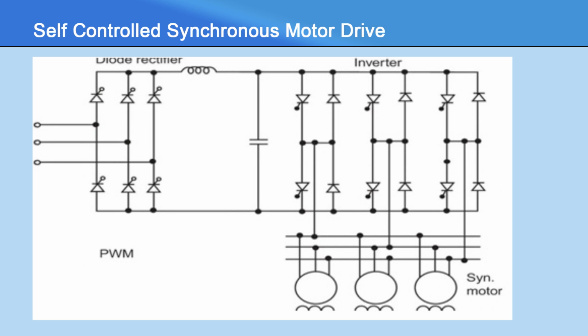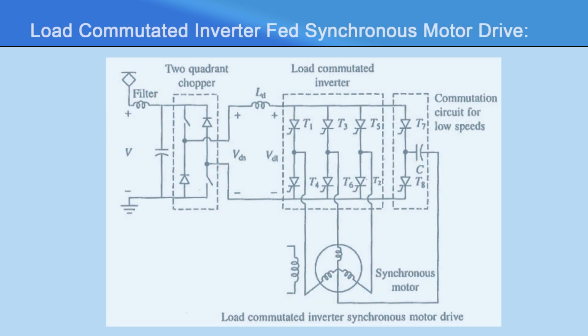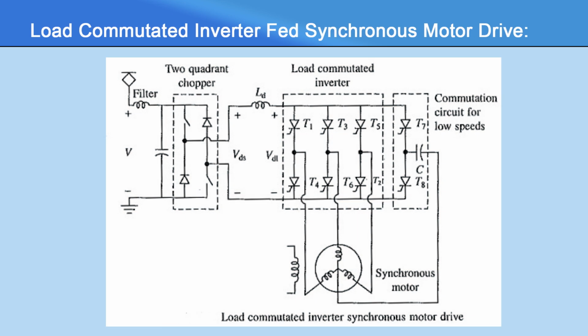The performance of the motor is similar to a conventional synchronous motor with the problem of hunting for sudden change of the load. Multi-motor operation is possible here. This is rarely used with inverter feeding. Next topic is load commutated inverter fed synchronous motor.